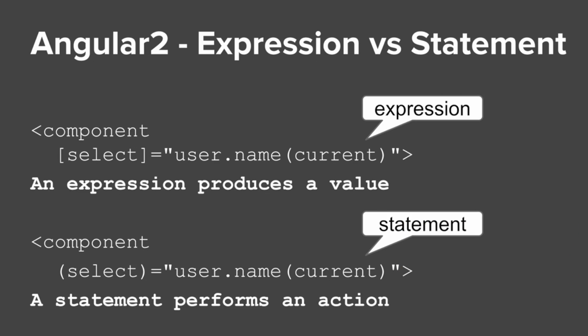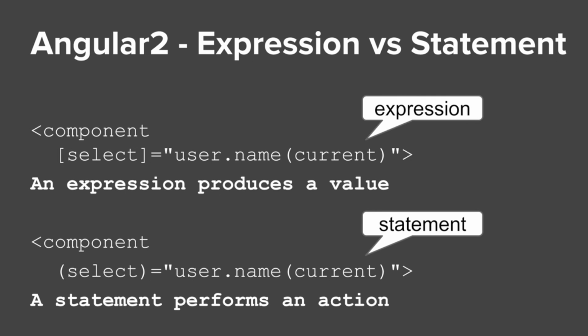In Angular 2, you make it very explicit because there are two ways that you can do an expression and a statement. An expression is something that has an output. It's something that produces a value. And a statement is something that performs an action. So in this case, imagine that you have a component that has an event called select.